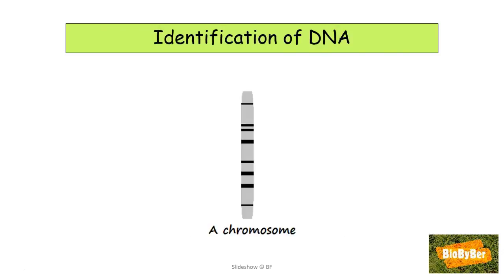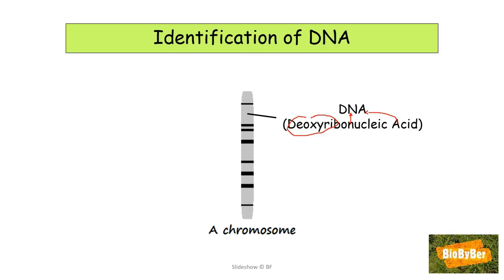How would we identify DNA? Well, DNA is a complicated chemical. The bad news is we have to know what the letters stand for. They stand for deoxyribo, nucleic, because it is in the nucleus, acid.